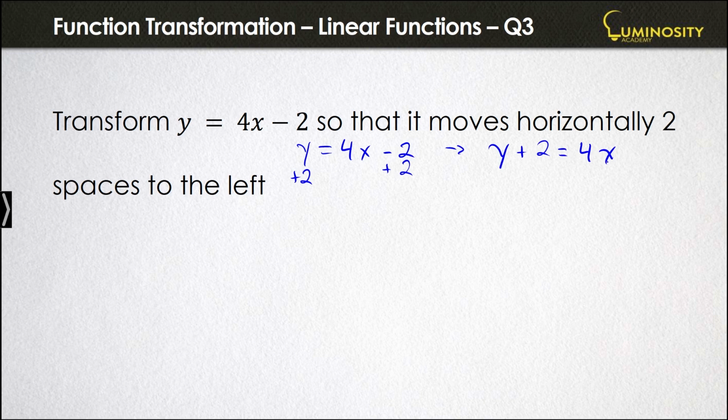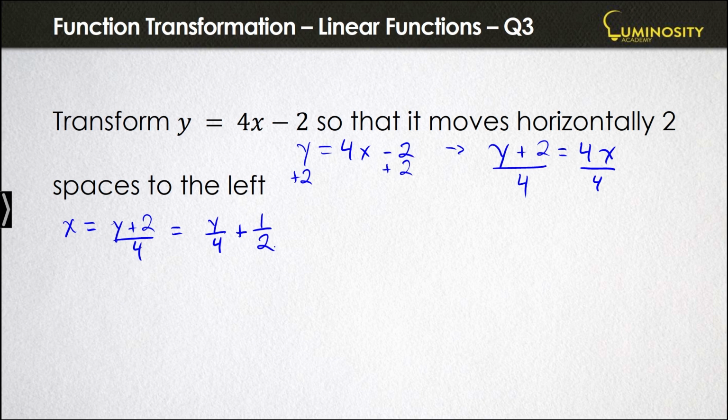Now to solve for x, we need to divide by 4 on both sides. So now we have x equals (y plus 2) over 4, which is the same thing as saying y over 4 plus, and here we'll have 2 over 4. But from our fractions, we know that 2 over 4 can be simplified to 1/2.